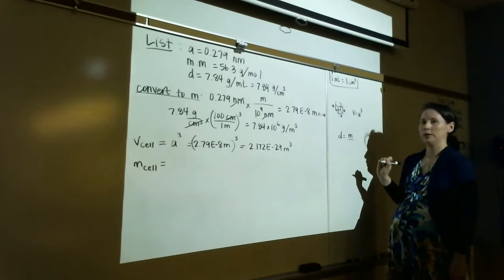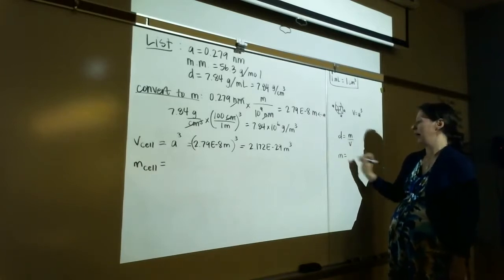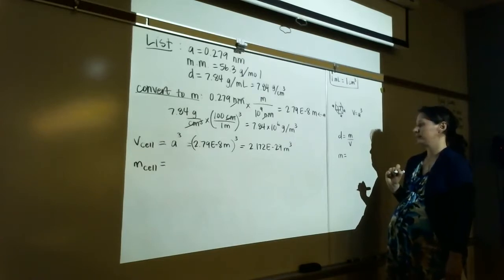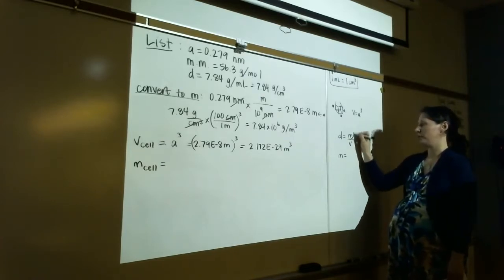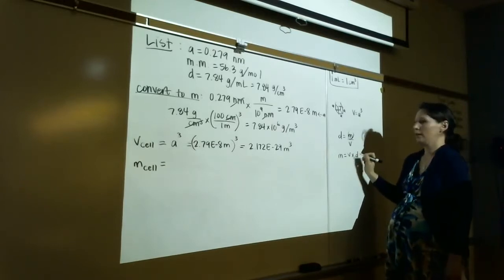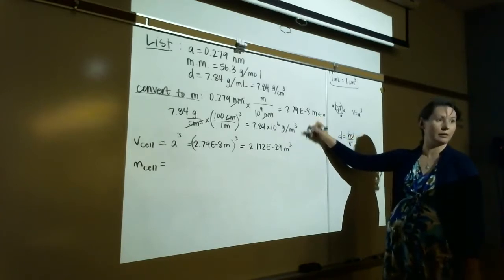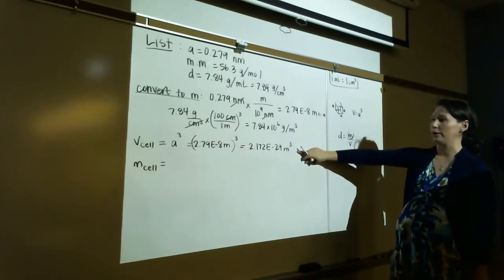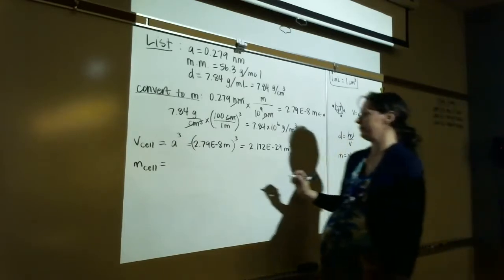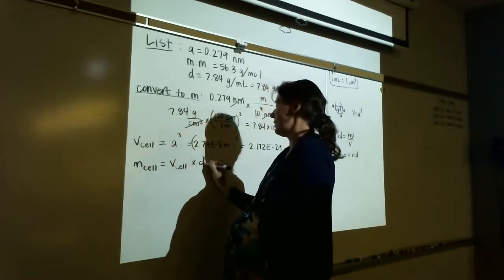Mass over volume. So to get mass, how would I rearrange this for M? Volume times density. I've got volume, and I was given density. So volume of the cell times its density.